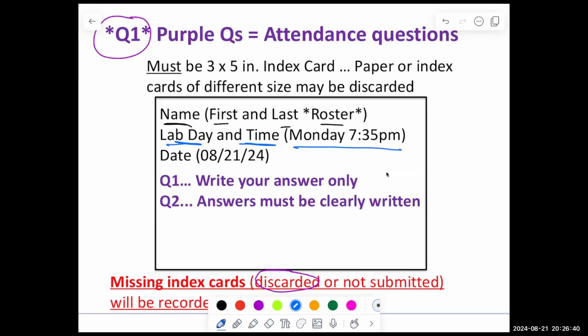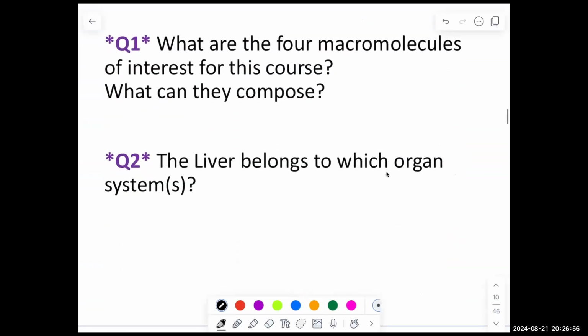And today's date. That's what you're going to put on the top of your index cards every single time. And then I'm going to ask you questions that I expect you to work on, like these. All you need to do is write the answer. That's all I need you to do.